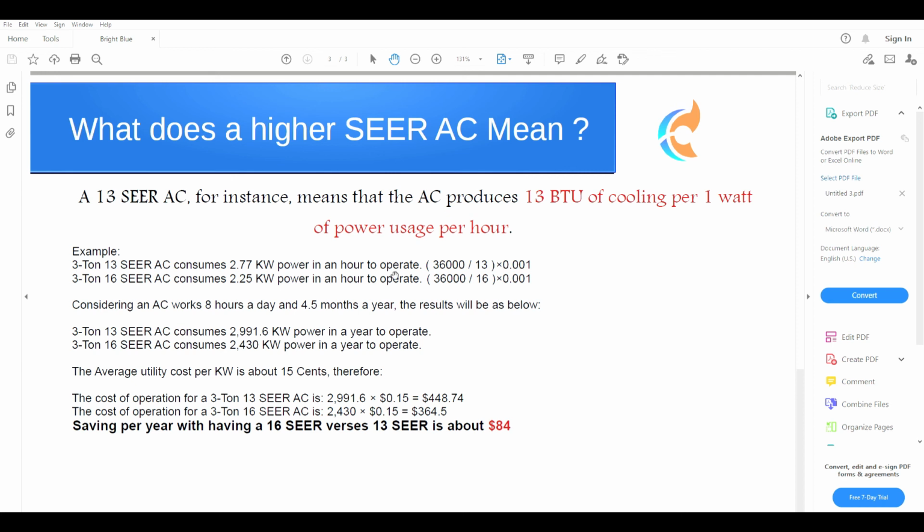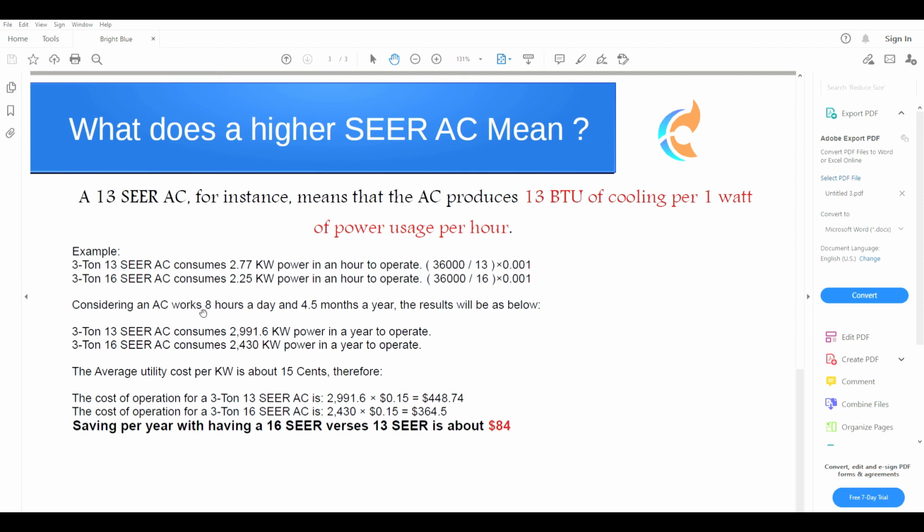So 36,000 BTU divided by the 13 BTU of cooling it produces per 1 watt of power usage per hour, divided by 1,000 or times 0.001, gives you the kilowatts. So a 13 SEER air conditioner consumes 2.77 kilowatts in an hour, and a 16 SEER with the same calculation will be 2.25.